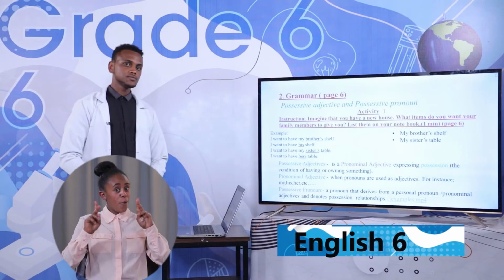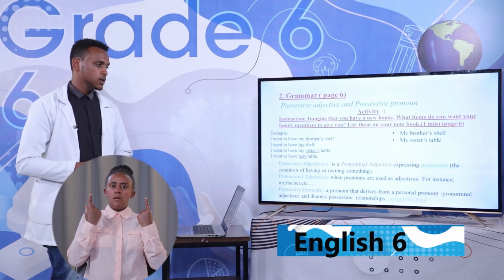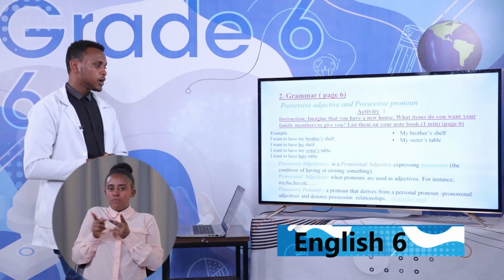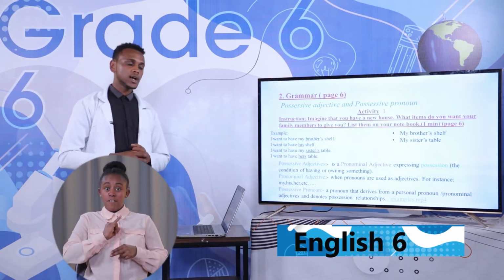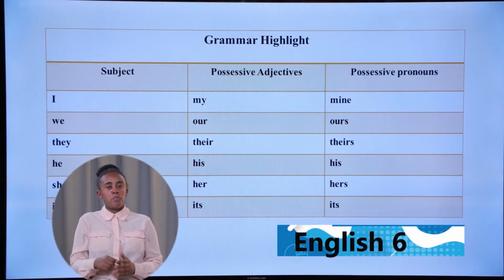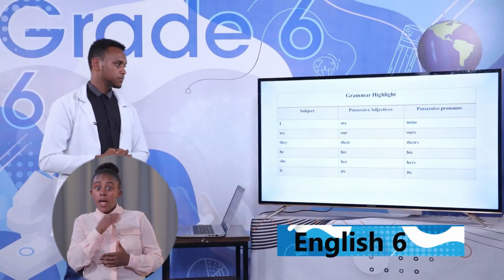Okay, students, from the video, we can understand that possessive pronouns can replace a possessive adjective plus noun. Let me show you the relation between possessive adjectives and possessive pronouns.